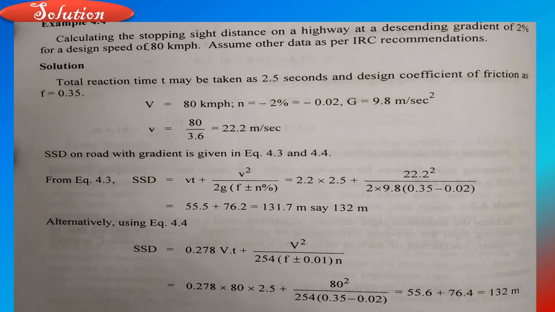So obviously when we are doing this kind of problem and using two methods, we get equal values. So the final conclusion is, when a vehicle is moving at 80 kmph speed on a descending gradient of 2%, it should maintain 132 meters of stopping sight distance.